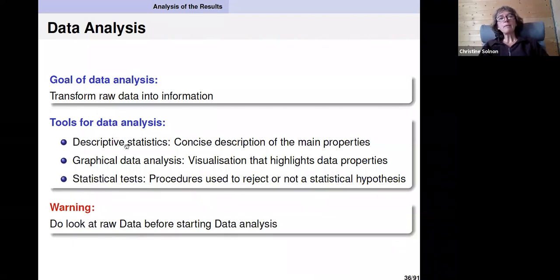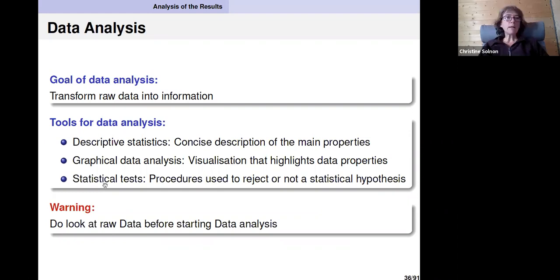I have descriptive statistics, which compute simple values that summarize the main properties of the data. We will see that this is usually not enough, and we will mainly use graphical data analysis, which allows us to visualize the properties.